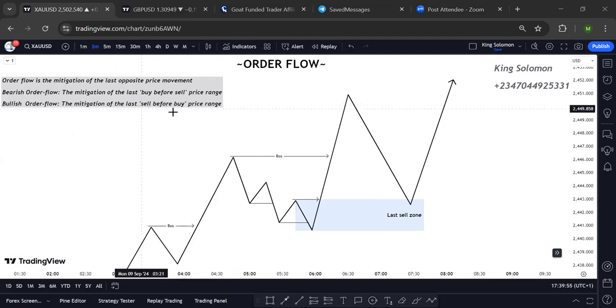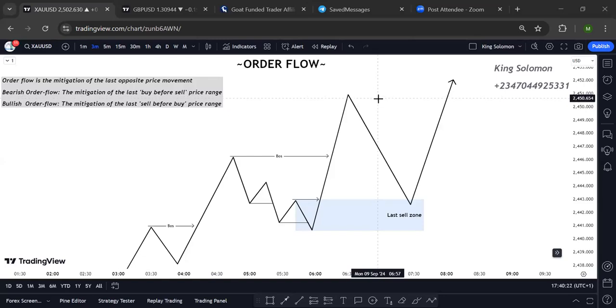So you want to find the last sell before the buy that caused the break of structure. That last sell is known as your bullish order flow, and price tends to come for the mitigation of that last sell before buy, before the next impulse move, right?